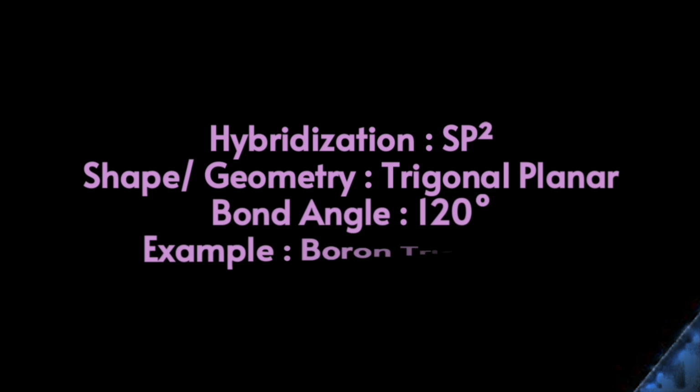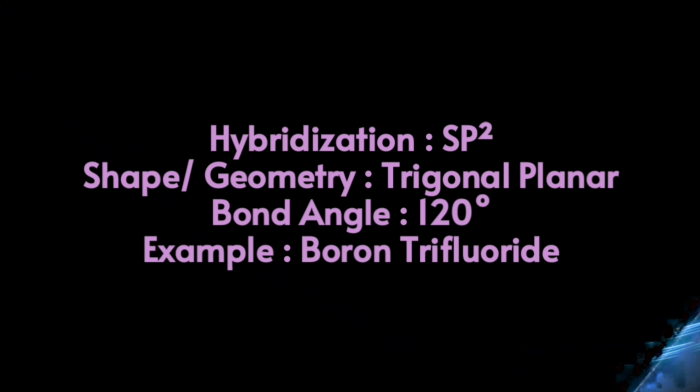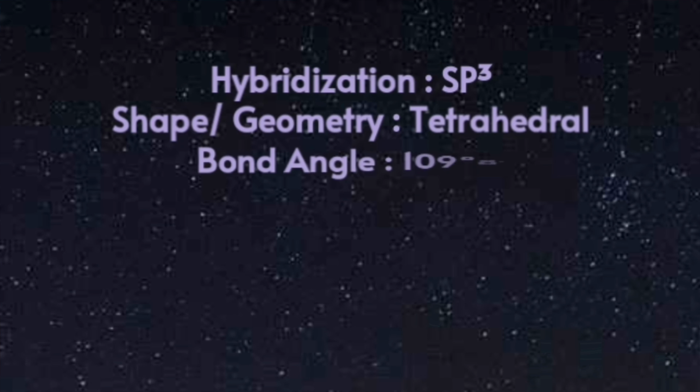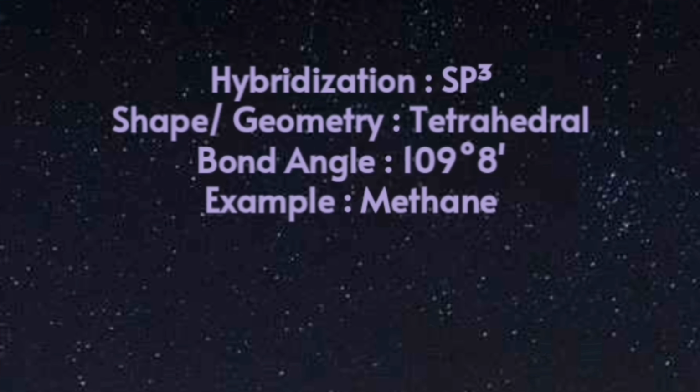Second, for sp2 hybridization, the shape and the geometry is trigonal planar and the bond angle is 120 degrees. If the hybridization is sp3, then the shape or the geometry of the molecule is tetrahedral and the bond angle is 109 degrees 8 minutes.